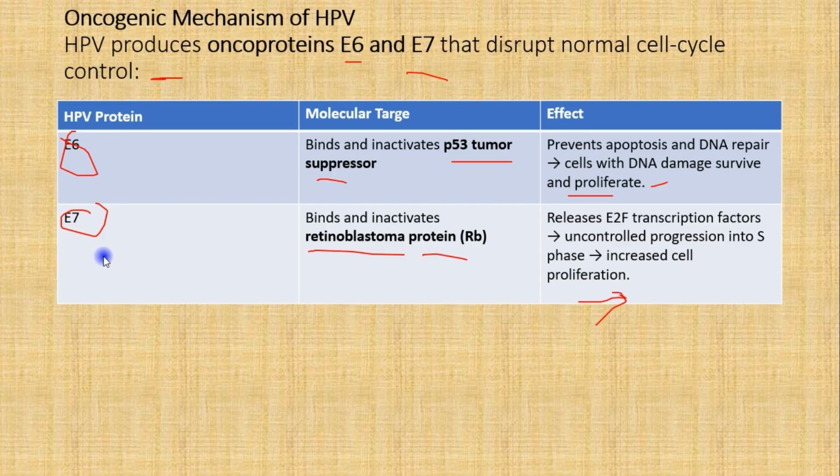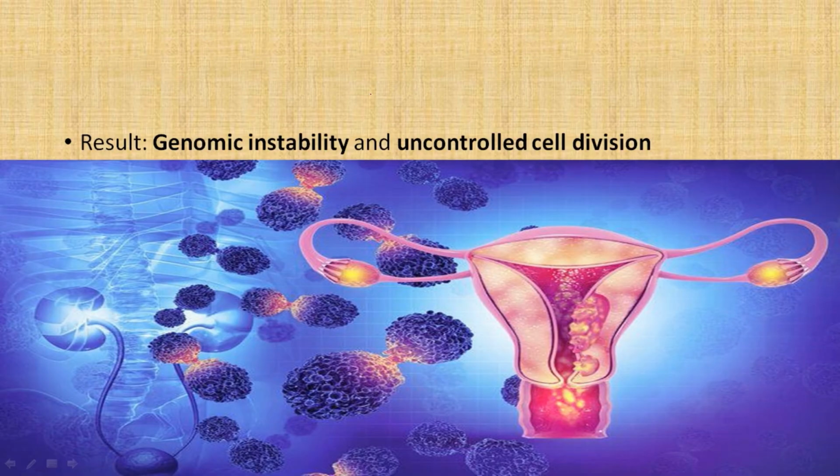So in a nutshell, E7 binds to retinoblastoma protein, releases E2F transcription factors, resulting in uncontrolled progression into S phase, which will further result in increased proliferation of cells. So the activity of the E6 protein and the E7 protein results in genomic instability and uncontrollable cell division.